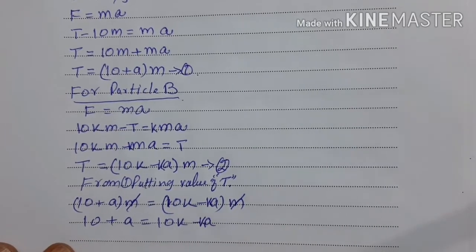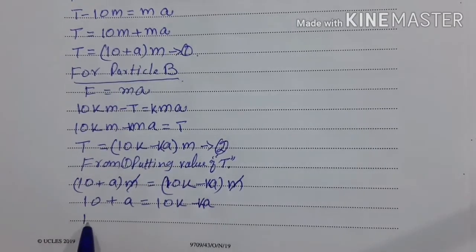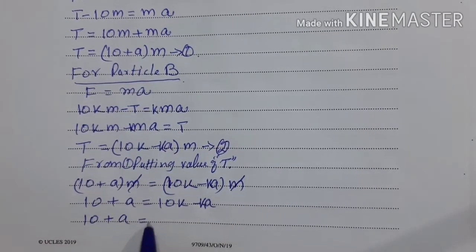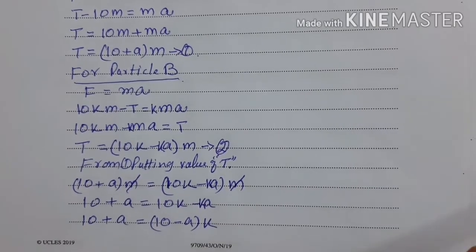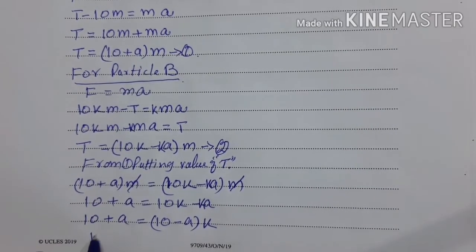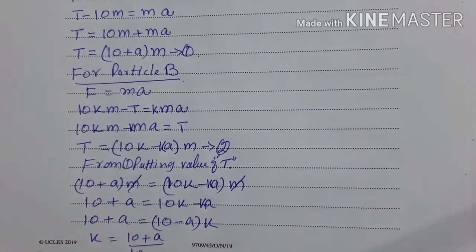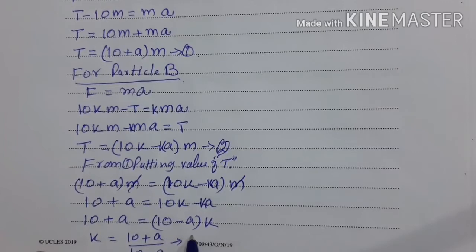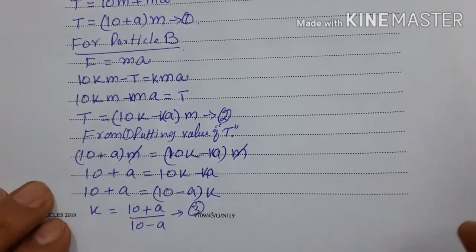So take k common. So this will become 10 plus a is equal to (10 minus a) into k, or k will be (10 plus a) over (10 minus a). So this is equation number 3. Keep in mind this equation 3.